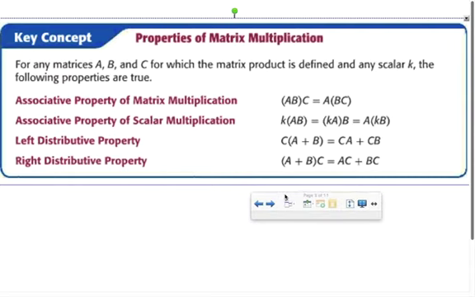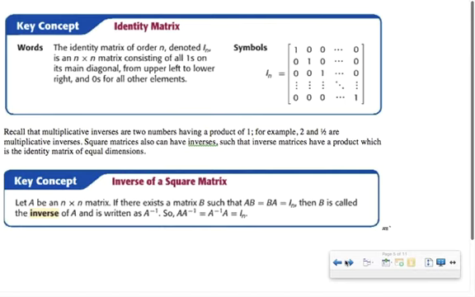So a couple of properties that do hold true for matrix multiplication, since you may have observed that the commutative property does not hold true. Recall from algebra that there was a multiplicative identity property that said if I take a number and multiply it by 1, I just end up with that same number.